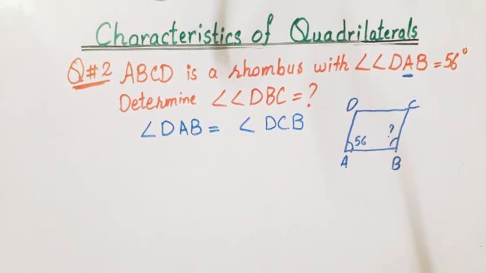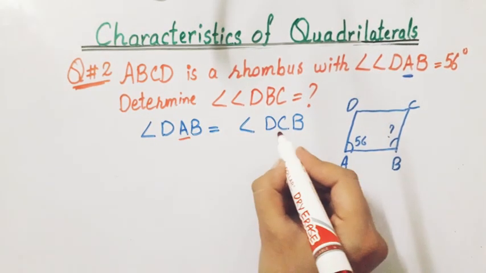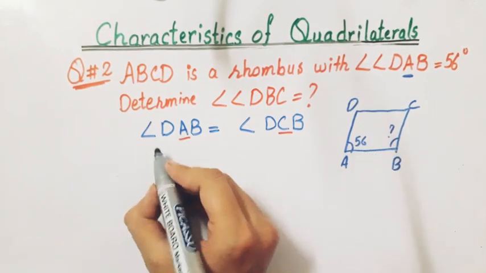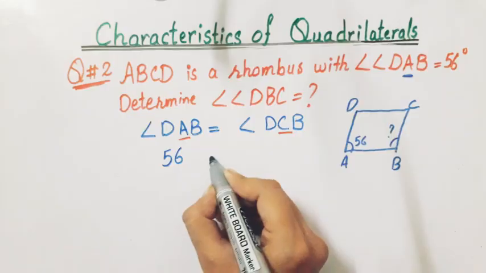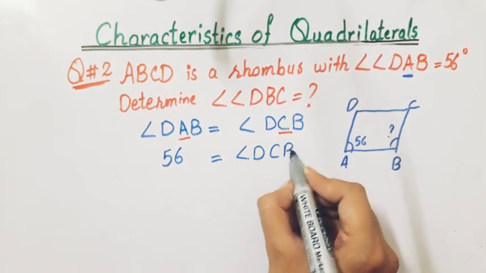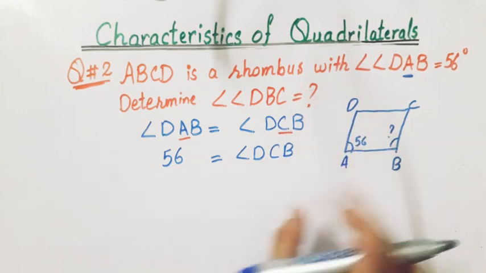The middle letter represents the angle. Then we know angle A is 56. It means this angle is also equal to 56, according to the property of a rhombus.